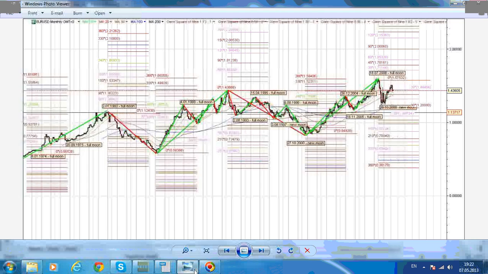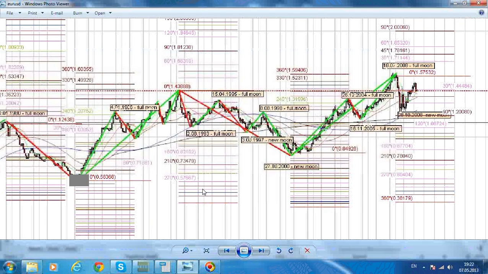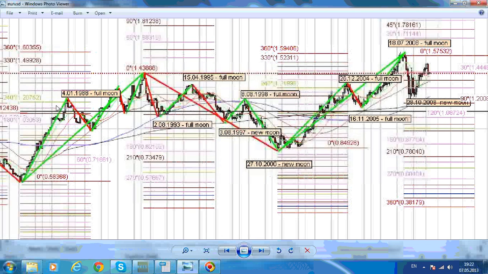And needless to say, if you take a look at the whole structure here, you are seeing that, for example, here the bullish and bearish market.